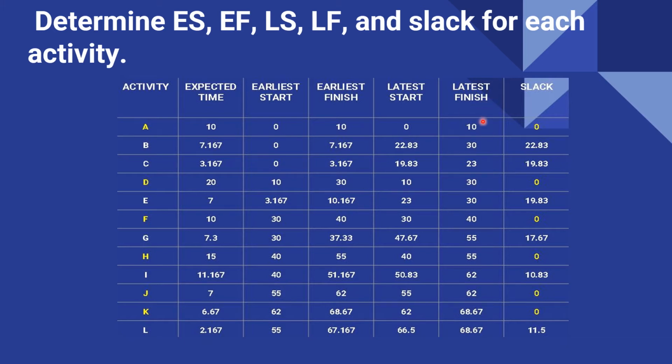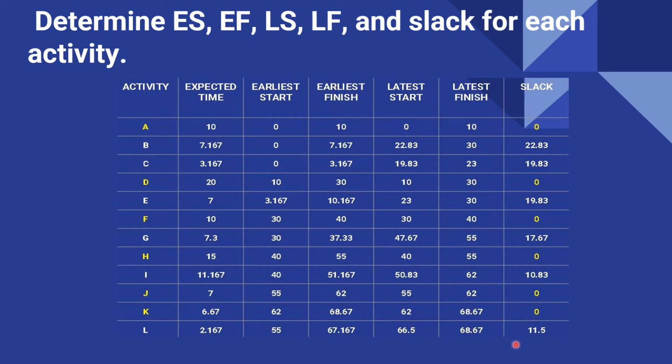So for the latest finish, we start by doing the backward pass. From the backward pass, our end activities are K and L. So from the latest finish of 68.67, less its expected time of 2.167, we will get 66.5.